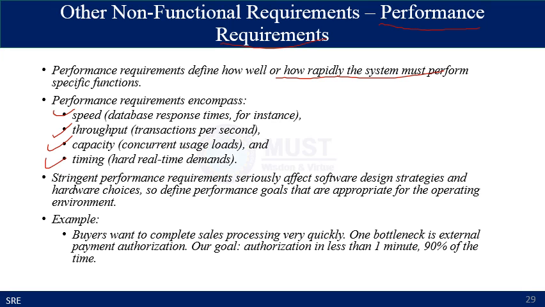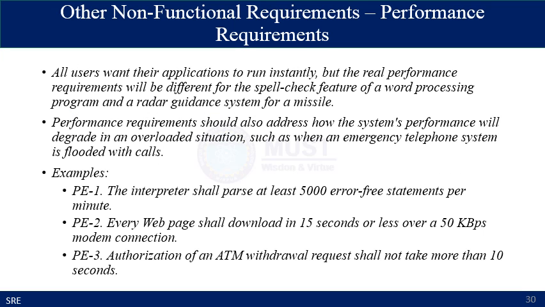Our goal is to have the authorization in less than 1 minute 90% of the time. All users want their application to run instantly, but real performance requirements will be different for the spell check feature of a word processing program and a radar guiding system for a missile. So you have to cater the performance requirements with respect to performance goals and the overall scope of the product.